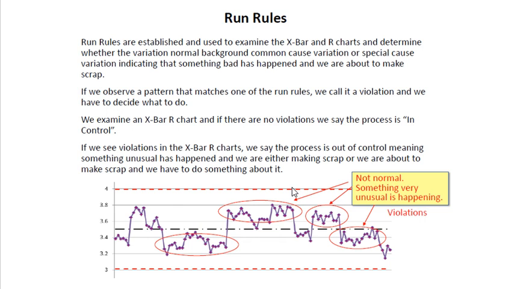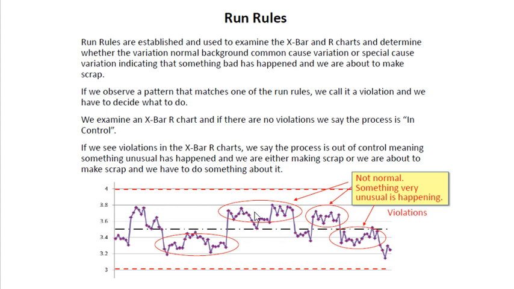If there are no violations, we say the process is okay and is in control. If we see violations in the X bar and R charts, we say the process is out of control, meaning something unusual has happened, and we are either making scrap or about to make scrap, and we have to do something about it.